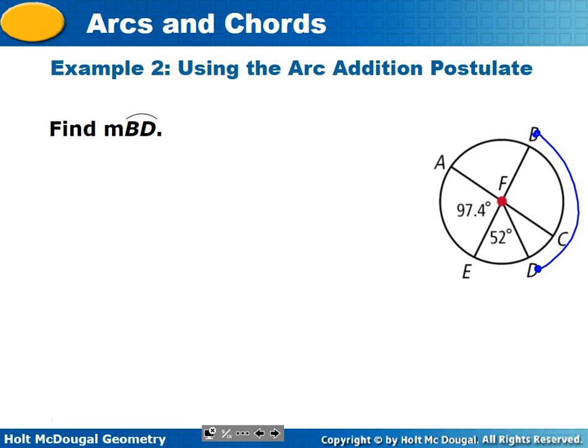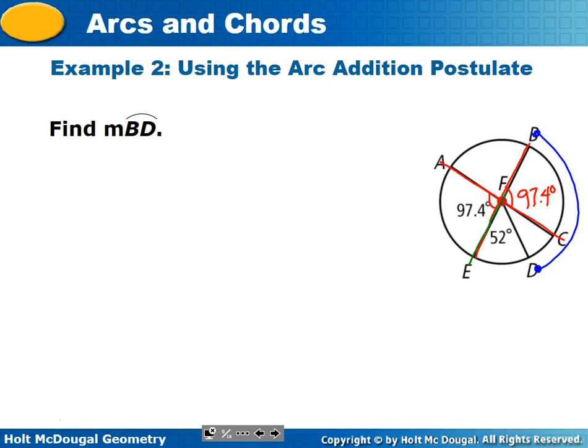So I want to talk about what I see first. In this drawing, the first thing I see is that I have a pair of vertical angles. That means this angle over here is congruent to that one over there, so this one is 97.4 degrees as well. Now I also notice that I have a half circle here, a semicircle.